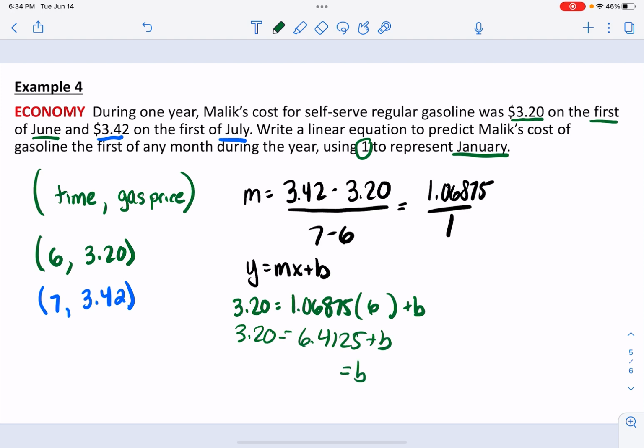I subtract, 3.20 minus this answer. I get negative. So that is my equation of my line.